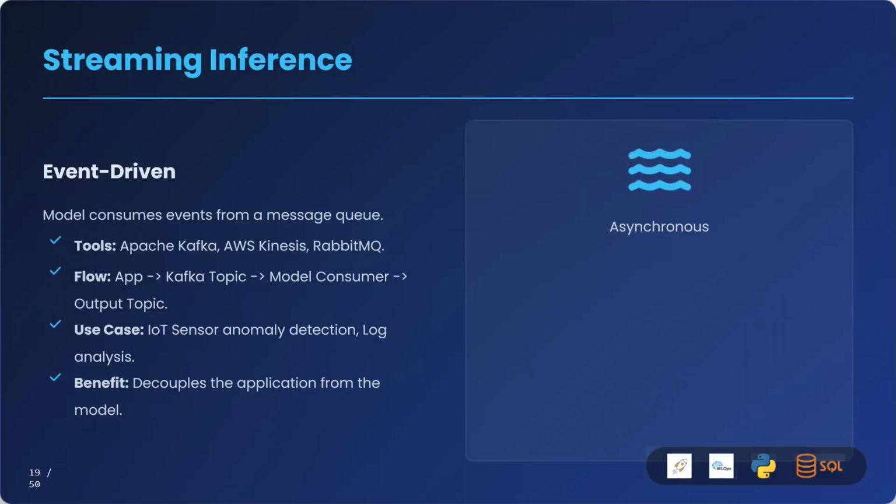And we have streaming inference also, where you will have a continuous data flow. So as I mentioned, to predict the money laundering transactions in my bank, I need to capture the continuous real-time data also. For that, we have tools like Kafka.